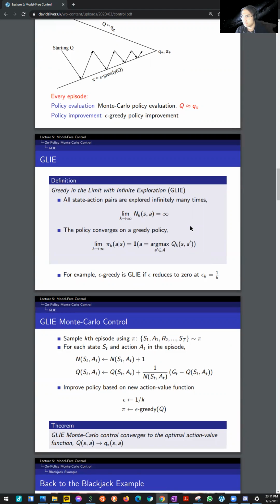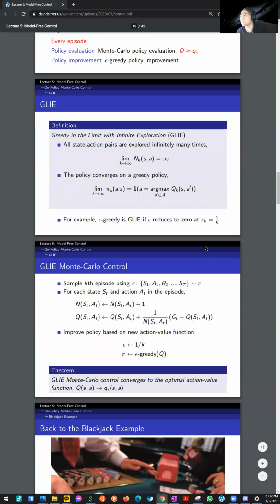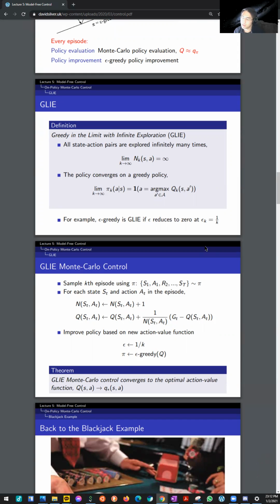In the end, the rate of exploration will be very low, which means the policy will converge to a global optimal policy itself. By convention, when we set the time step as k, 1 over k becomes our epsilon. So as k increases, 1 over k decreases, which matches this idea of greedy in the limit with infinite exploration.